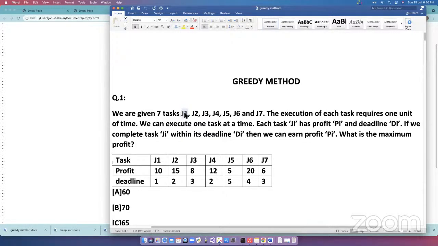So maybe you do J1 from 0 to 1, 1 time unit. Then J2 must be done from 1 to 2, because 0 to 1 has already passed in your clock.